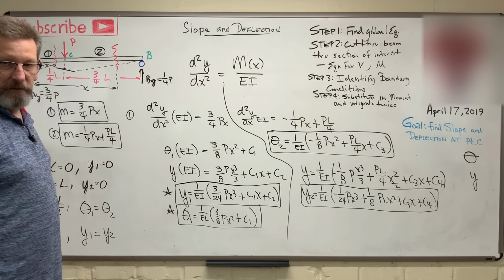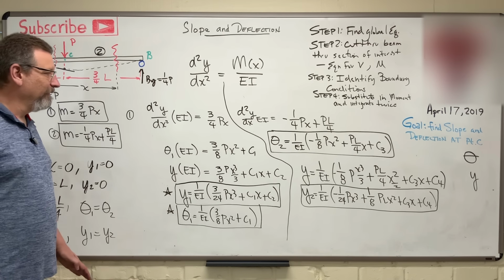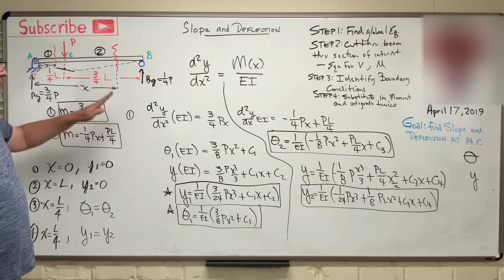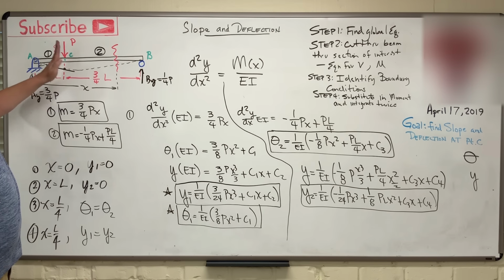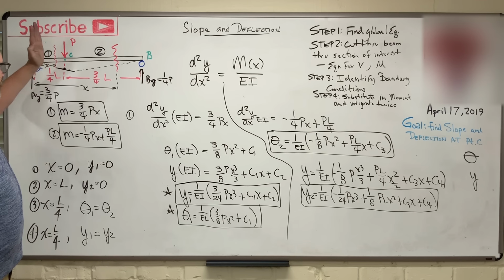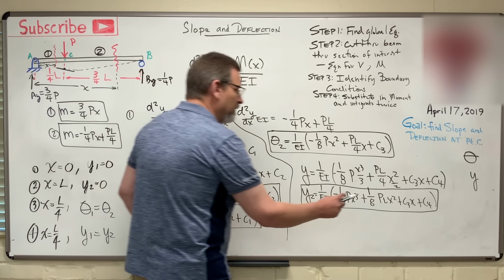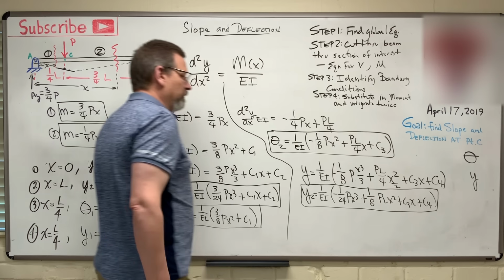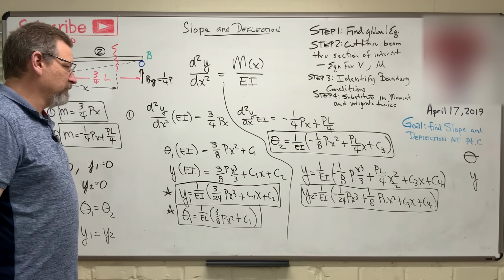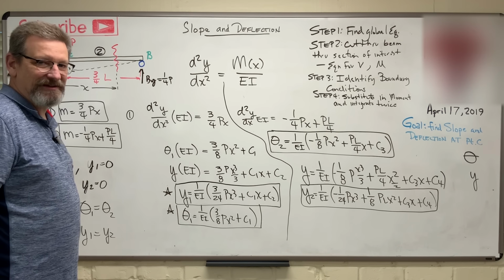Are you following me so far? All we're doing is using that equation to write the slope and deflection for segment 1 and segment 2. But we have these 4 unknowns, C1, C2, C3, and C4. So what next?